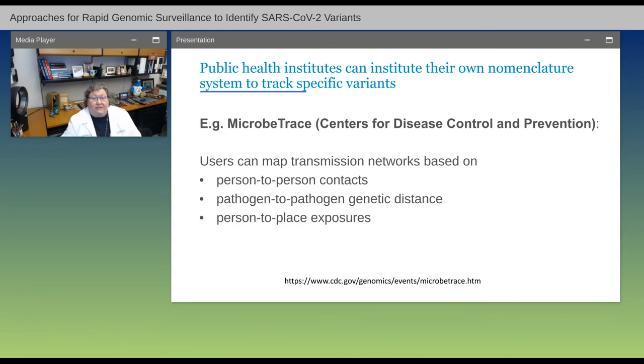Public health institutes can also institute their own nomenclature changes to track specific variants. And in the United States, the Centers for Disease Control has something called MicrobeTrace, where they can map person-to-person contacts and pathogen genetic distance and person-to-person exposures.